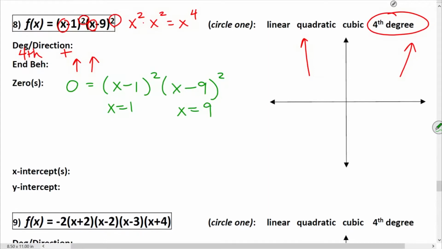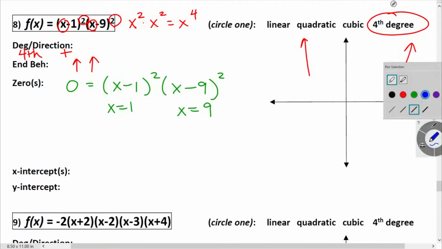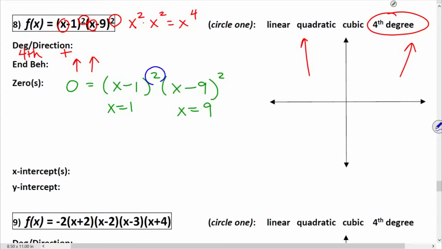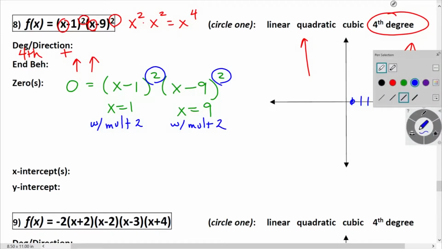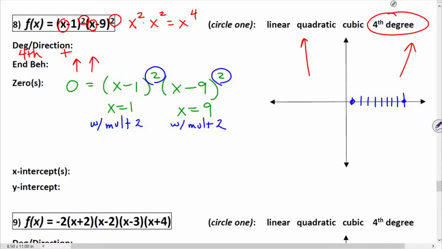Now notice, super important that you see this, each of these has a multiplicity of 2. Which means that both at 1 and at 9, it's going to bounce off the x-axis. I'm next going to find my y-intercept, which is a little trickier in a factored form, but I'll keep in mind that it's f of 0, when x is equal to 0.